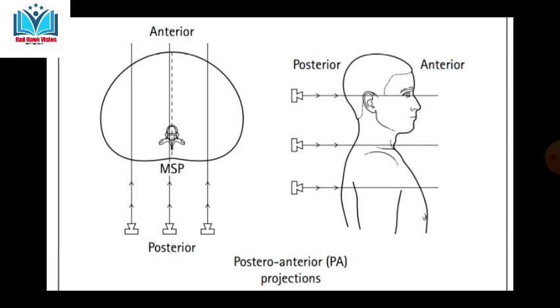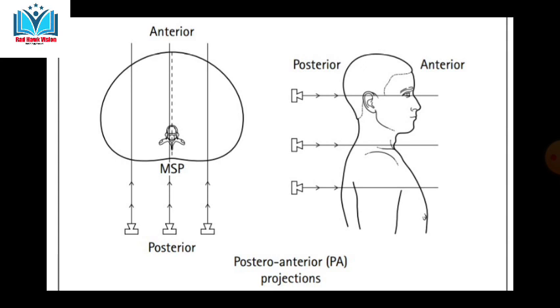The patient is in lateral position. You can see how the central ray, the X-ray beam, is incident on the posterior aspect and emerges from the anterior aspect of the body.